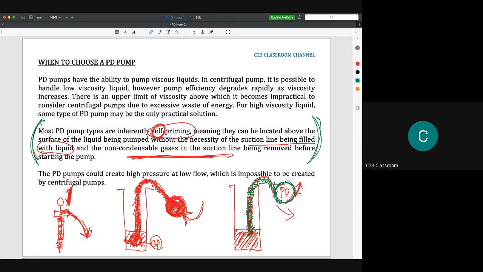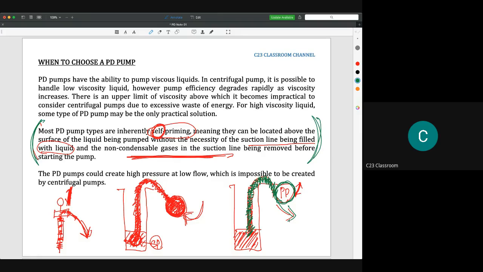So after that, when you stop using this positive displacement pump, water will remain inside this suction line. Okay, normally, in certain positive displacement pump, it can remain there. And then next time when you want to use the positive displacement, the water is ready to flow out.